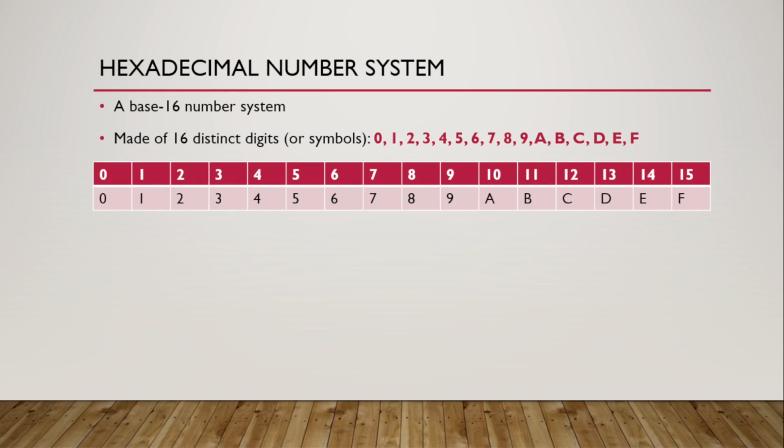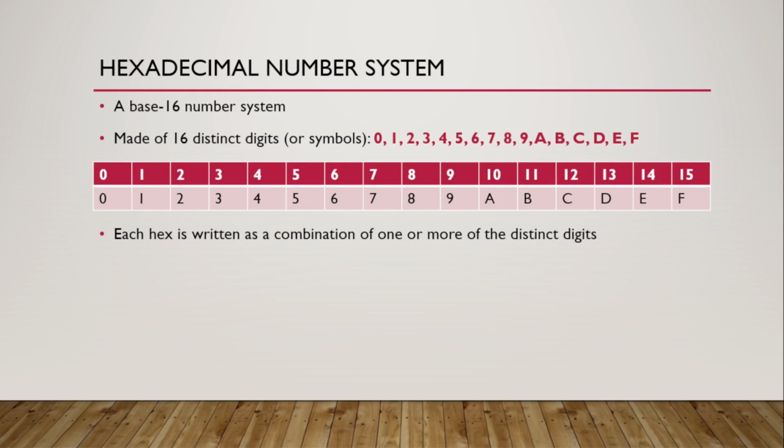Now, these digits correspond to their denary equivalents, where 0 to 9 in hexadecimal are the same as 0 to 9 in denary. Then A to F correspond to 10 to 15 in denary, as you can see on the table.